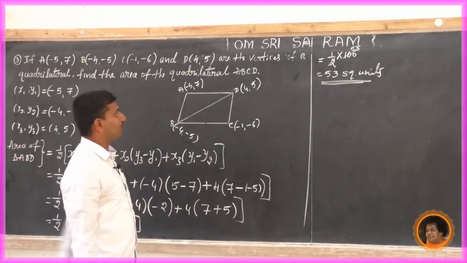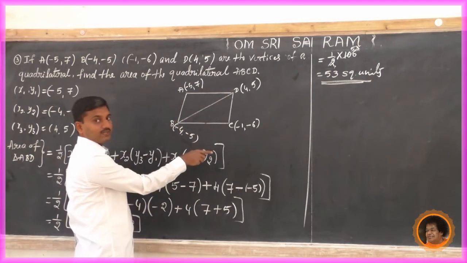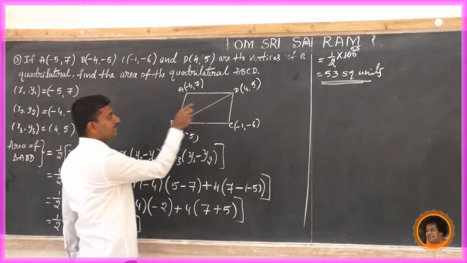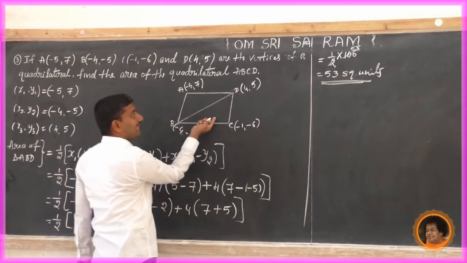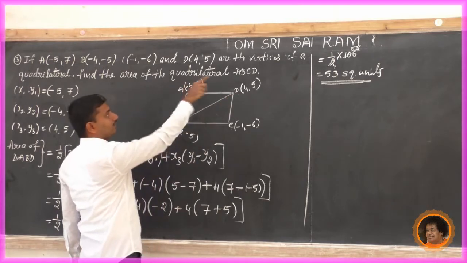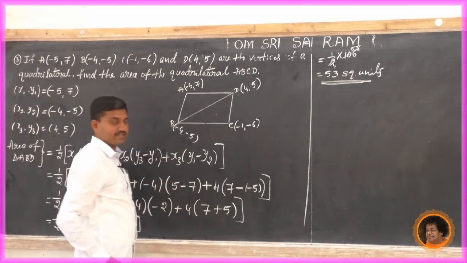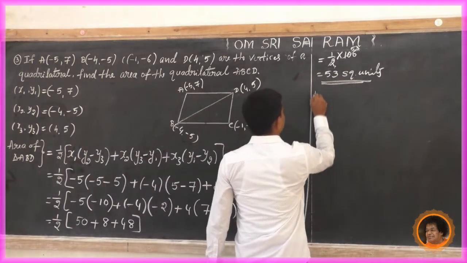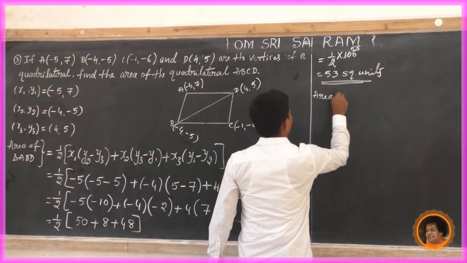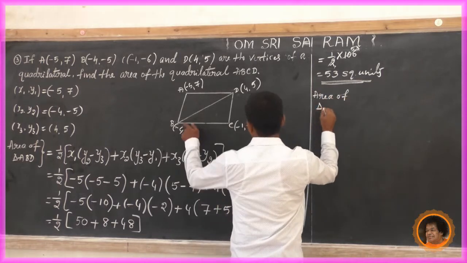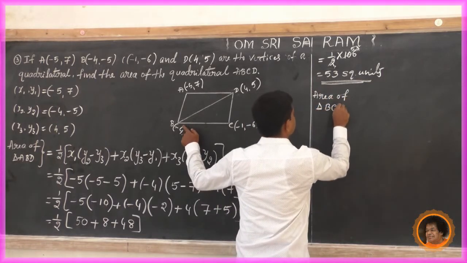So next we have to find the area of the second triangle. Which is the second triangle? BCD. Their sum is the area of the quadrilateral ABCD. So therefore we have to find the area of the second triangle BCD.